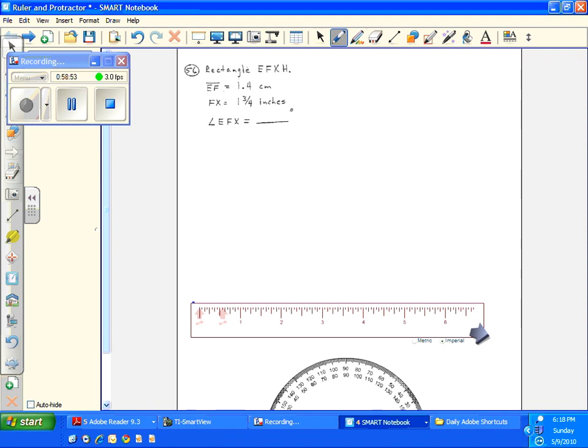So according to this ruler, which is making it a little bit bigger looking so we can deal with it, we would go from here, 1, 1/4, 1/2, 3/4 is there. Okay, and then it's a rectangle, so we want a 90-degree angle, so we would grab our protractor.